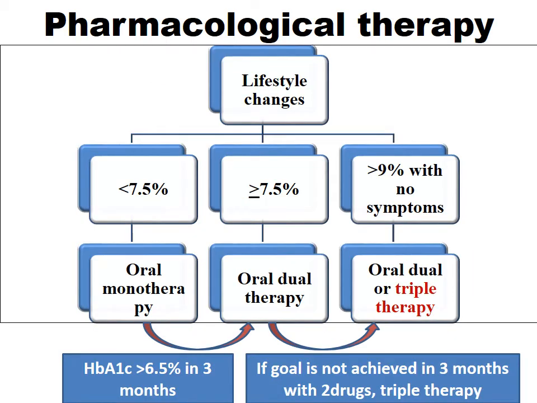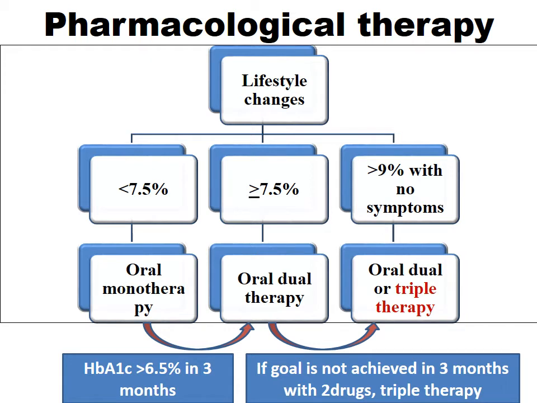Pharmacological therapy of diabetes mellitus is usually started with lifestyle changes or modification, that is controlling the diet and performing some sort of physical activity. If the plasma glucose level is not controlled, then the pharmacological therapy depends on the level of HbA1c. If it's less than 7.5%, start the treatment with one drug or oral monotherapy.